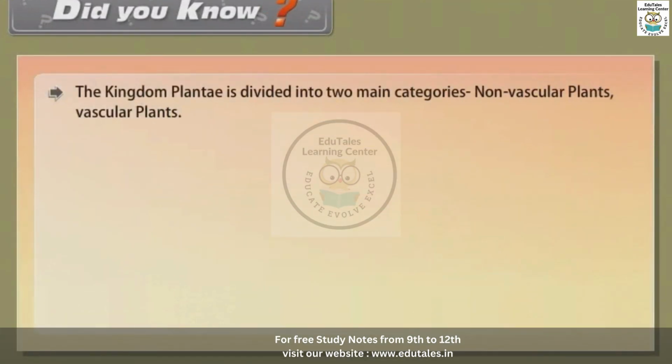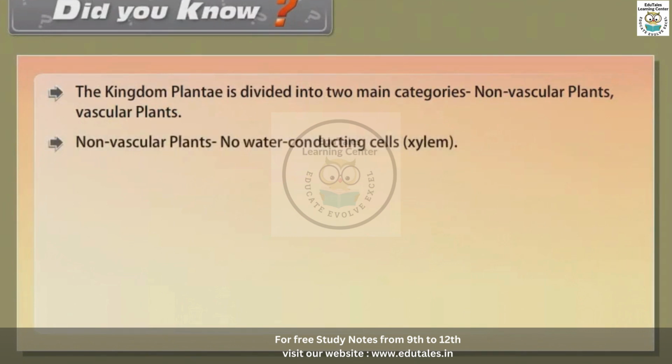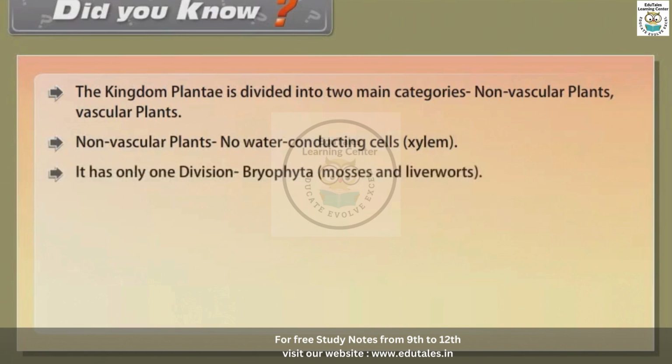Did you know? The kingdom Plantae is divided into two main categories: non-vascular plants and vascular plants. Non-vascular plants have no water-conducting cells, xylem. It has only one division, bryophyta, mosses and liverworts.